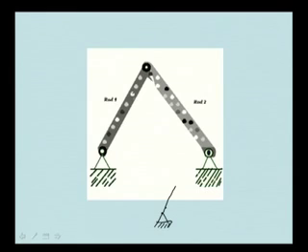Only two forces are acting, so they must be collinear, that means they must act along the rod. And here there may be a reaction component F, and another component may be there.